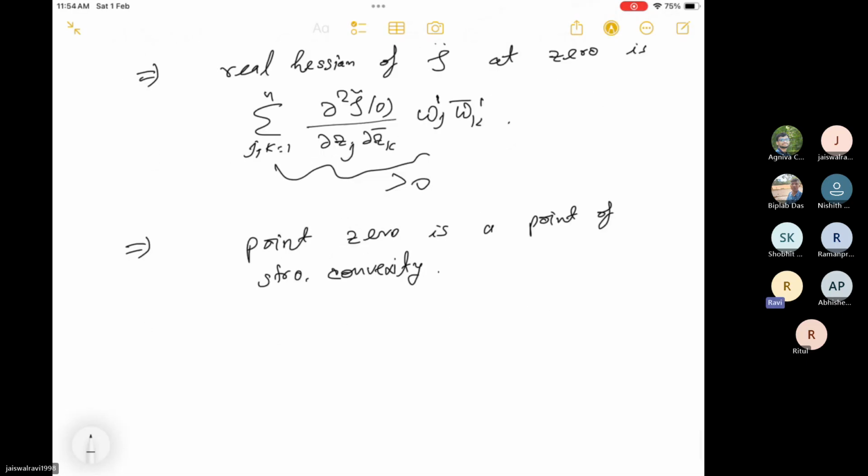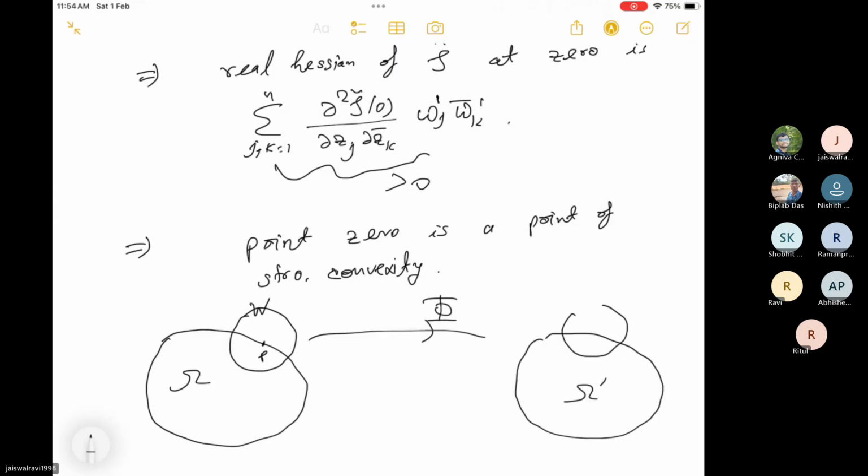Okay, so what we did basically: this is omega and this is a point P, and we get some neighborhood W such that, up to a biholomorphism, this point 0, and say this is phi of omega, this 0 is a point of strongly pseudoconvexity.